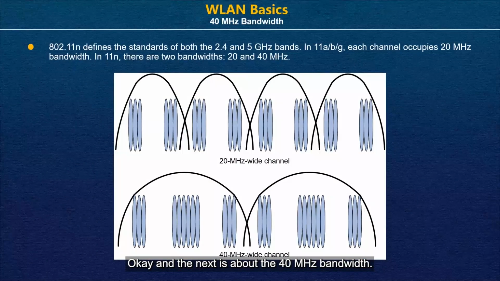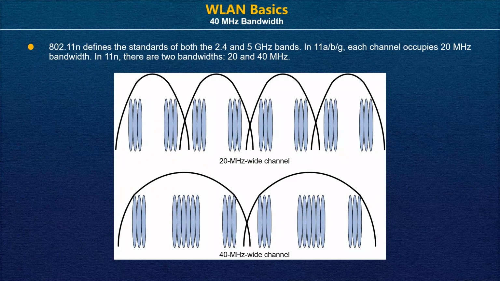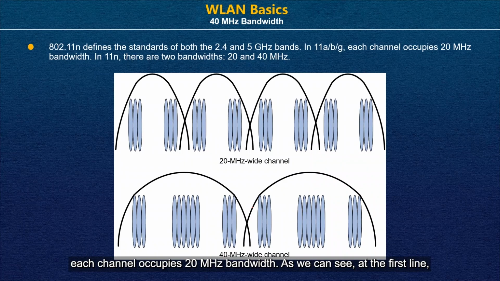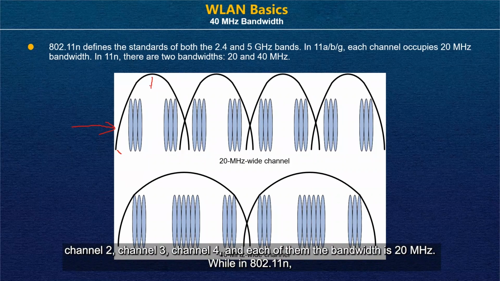Okay, and next is about the 40 MHz bandwidth. 802.11n defines the standards of both the 2.4 and the 5 GHz bands. In 802.11a, b, g, each channel occupies 20 MHz bandwidth. As we can see at the first line, you can think this is channel 1, channel 2, channel 3, channel 4, and each of them has a bandwidth of 20 MHz.